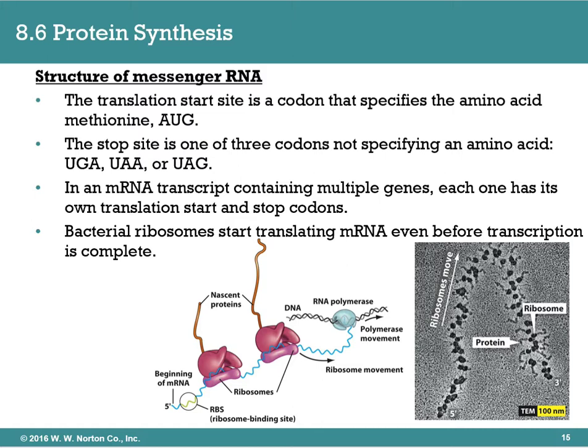And then there's the stop. How does a cell know when to stop? Well, there are 3 stop codons: UGA, UAA, and UAG. I also have a mnemonic for it, and it's really terrible, and I hope I don't offend anybody. I hope nobody's from Georgia or is an Aggie fan.